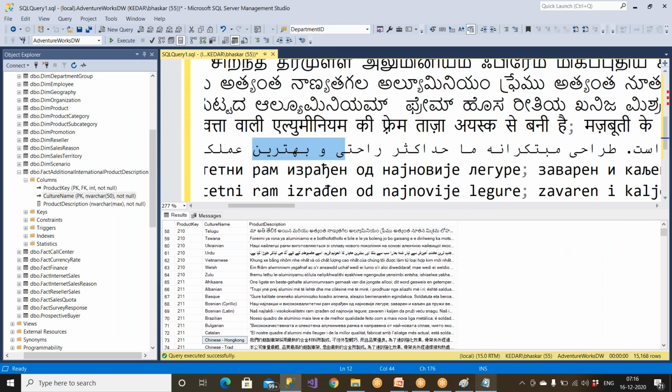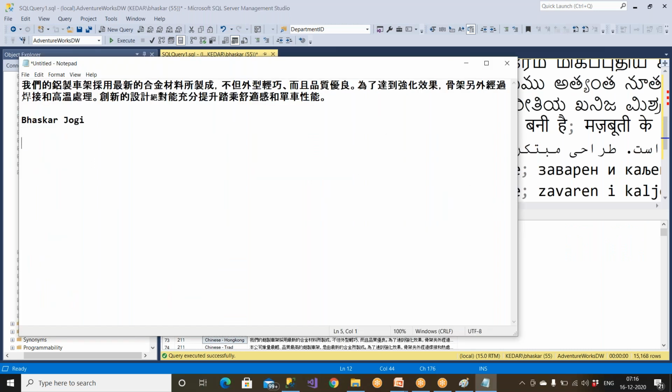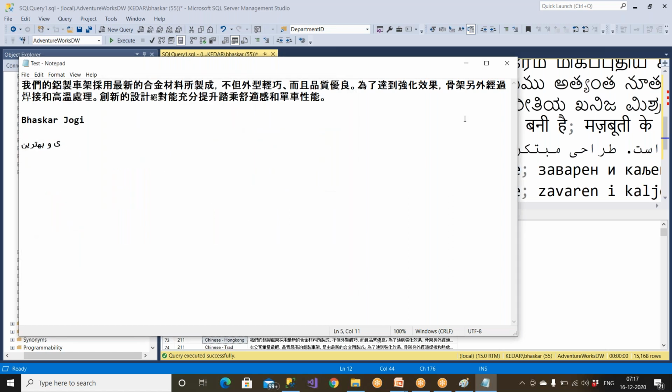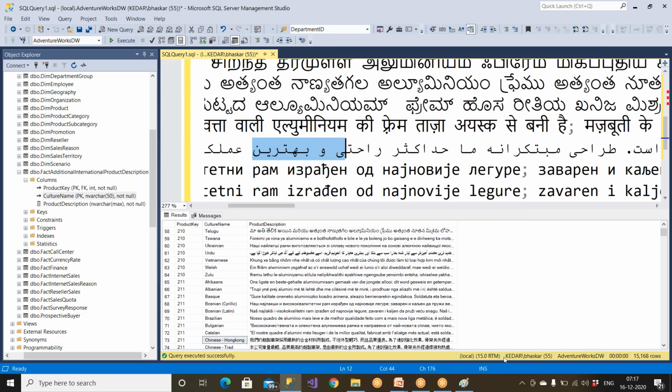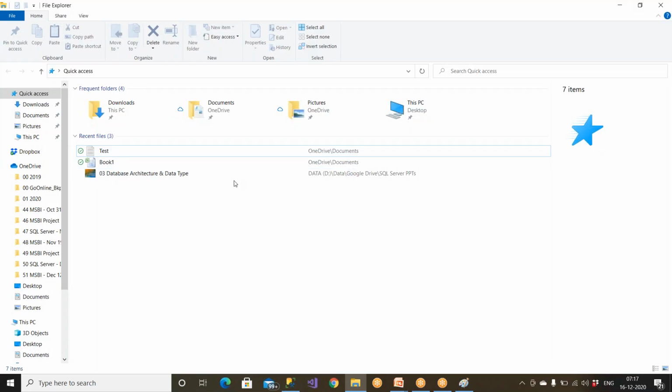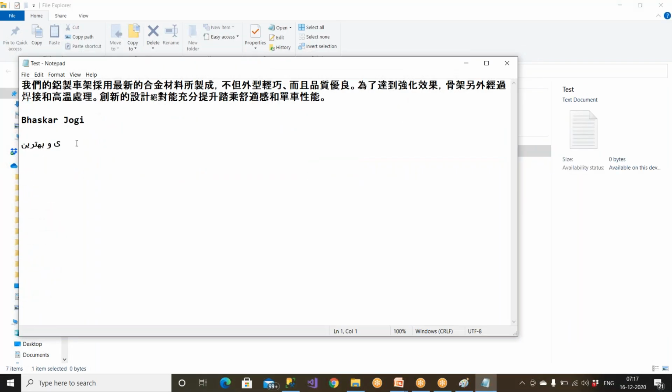Control C, and let me say Control V, and let me save this file. Save it as some test document. Now let me open this file. You need to check all of them clearly. So, test. You can just open this.